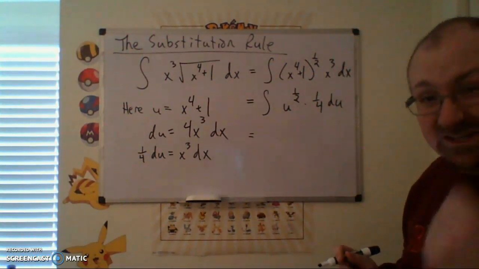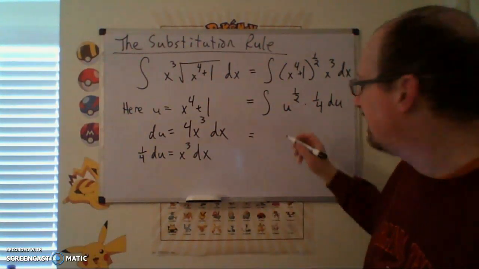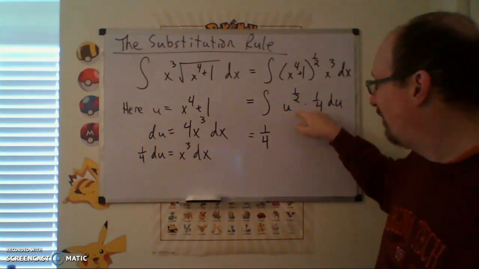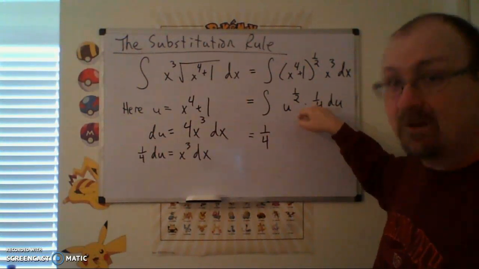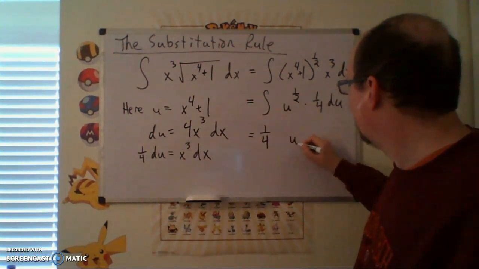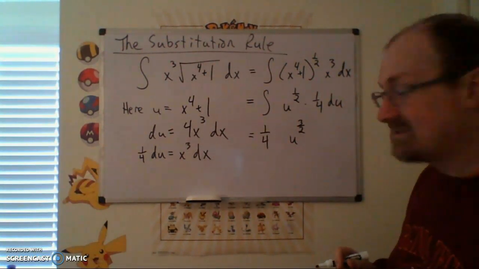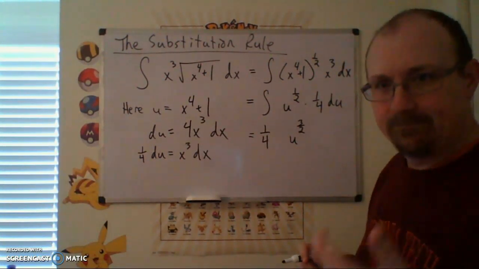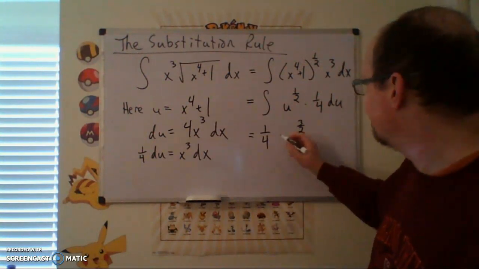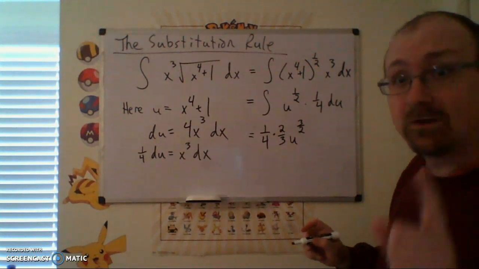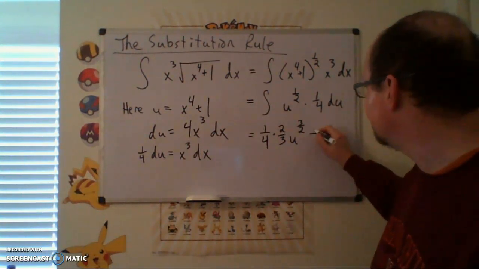I'm not going to rewrite the integral just in the interest of board space, but imagine I pull the 1/4 out front. Now this is u to the 1/2. Our buddy the power rule says we add 1 to our exponent. 1/2 plus 1 is 3/2. I need to divide by my new exponent. Dividing by 3/2 is the same thing as multiplying by 2/3. What am I missing? That's right, I need the plus c, my constant of integration.